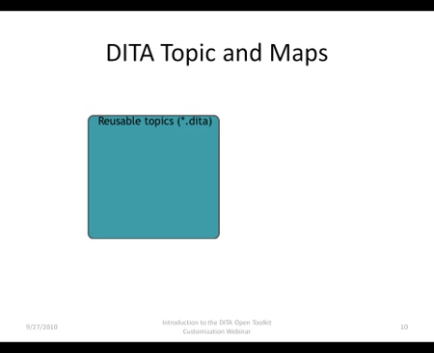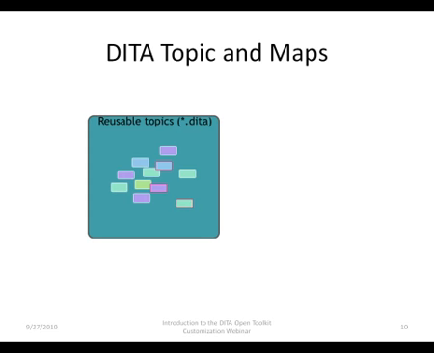So we create some more topics. This gives us our initial set of topics. We identify some more tasks, create the topics for both the task and any additional information, and we get some more topics. And the process continues.